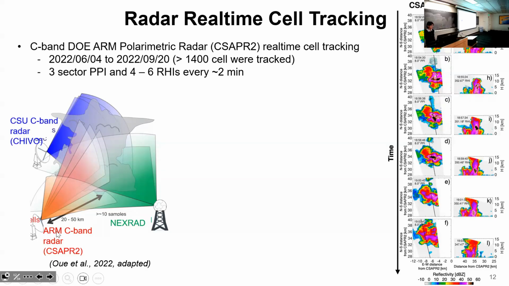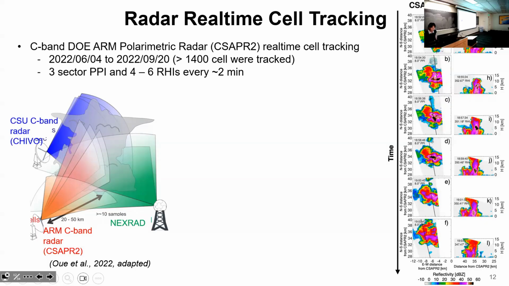Particularly, our C-band polarimetric radar, CSAPR2, performed three sector PPI scans and four or six RHI vertical cross-section scans every 2 minutes, just to focus on one single convective cell. The right figure shows some example images of tracking convective cells. You can see the PPI horizontal cross-section scan every 2 minutes here, and the corresponding RHI vertical cross-section scan in the right column here.